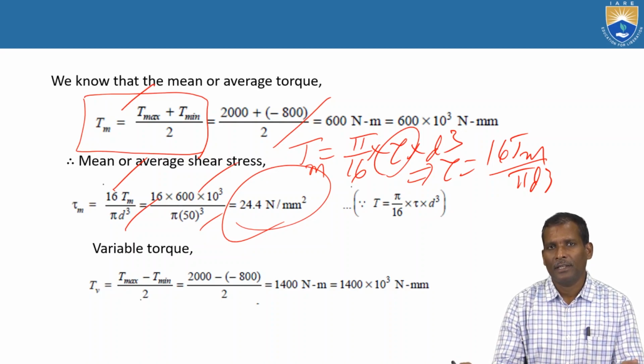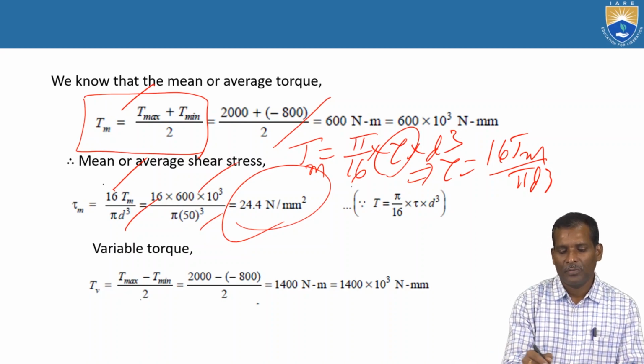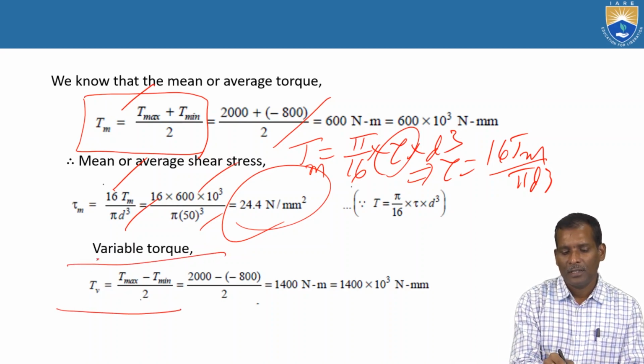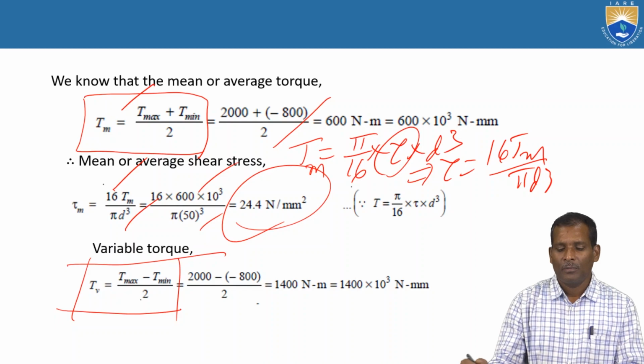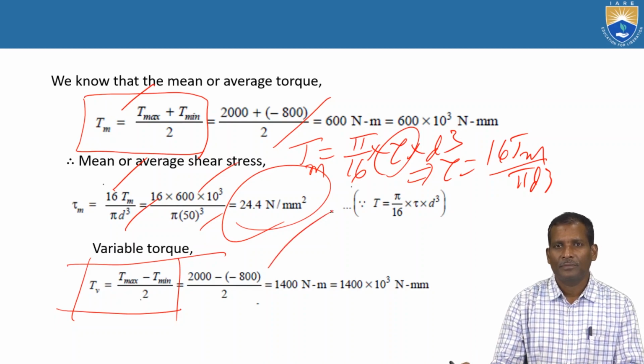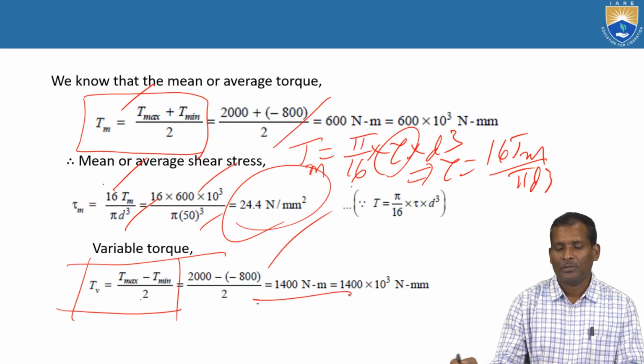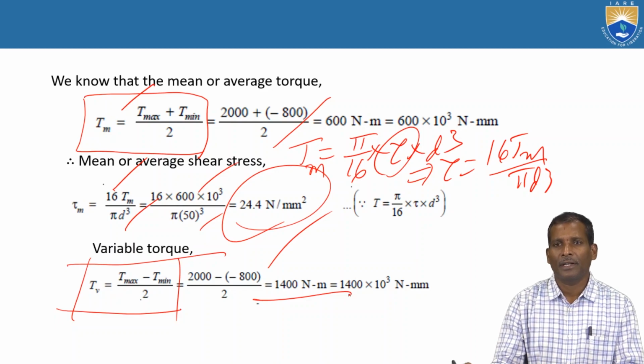Now calculate the variable torque. The variable torque is T max minus T minimum by 2. The maximum value is 2000 and the minimum is minus 800, so you get 2800 by 2, which is 1400 Newton meter.